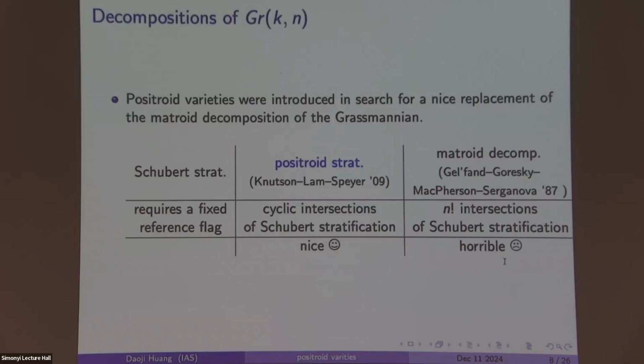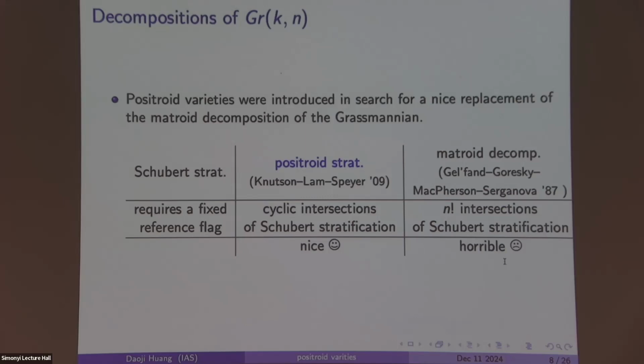From the Schubert decomposition, I required a fixed coordinate flag, the standard flag. To get a matroid decomposition, I can take n factorial permutations of the coordinates. Each gives a new reference flag, so I get n factorial of them. They each induce a stratification, and the GGMS stratification intersects all of them together.